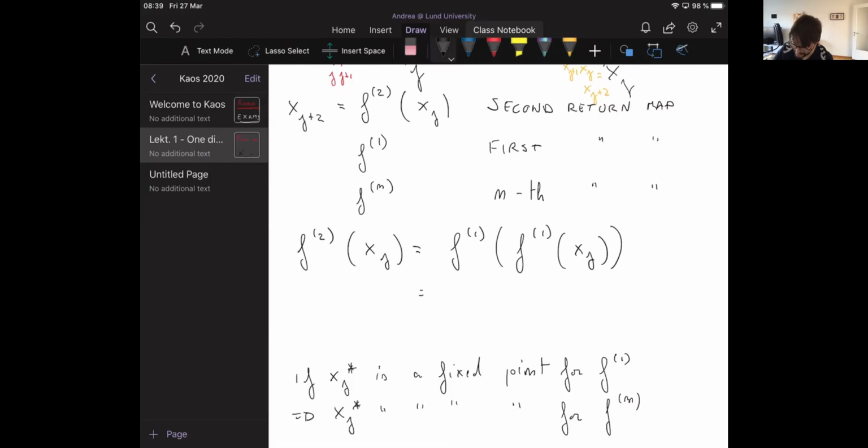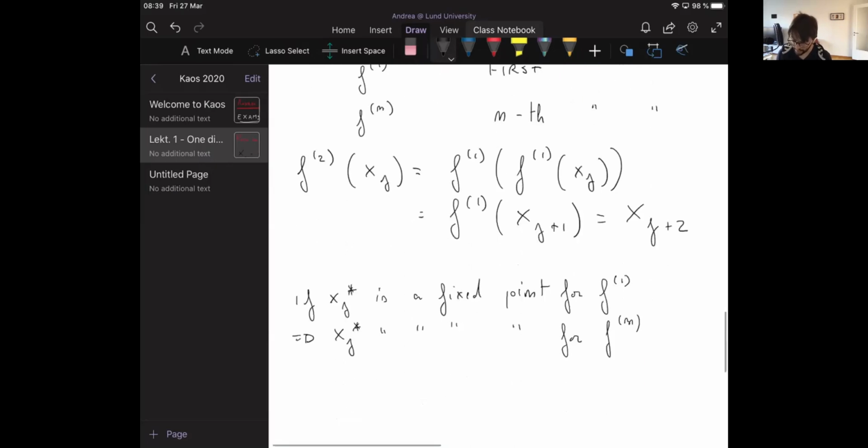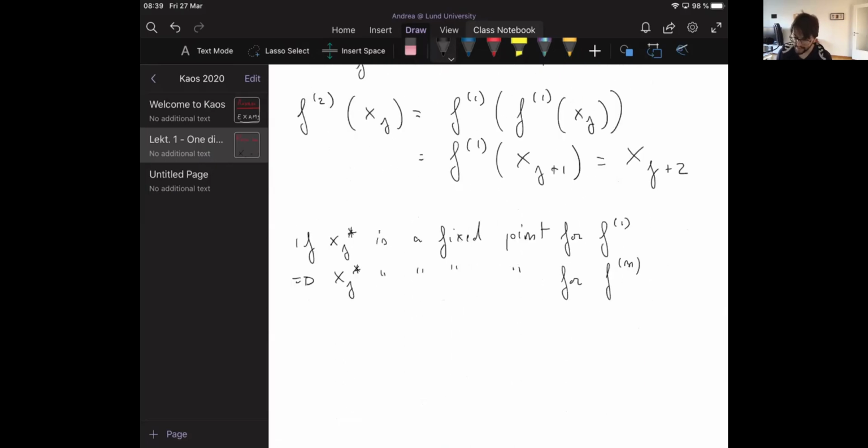If you want to do it step by step, this is equal to F1 of xj plus 1, that is equal to xj plus 2. That is exactly the definition of F2. Okay, so now we can go on and study the properties of the derivative.